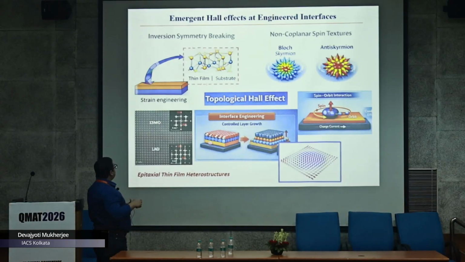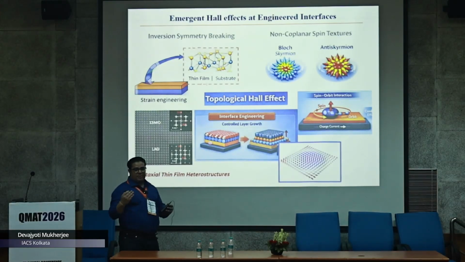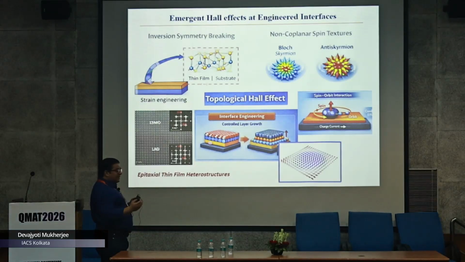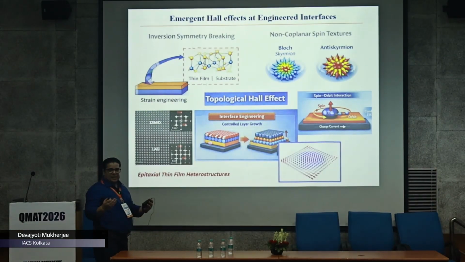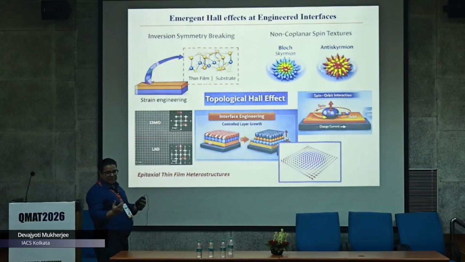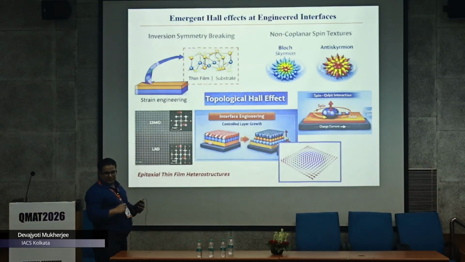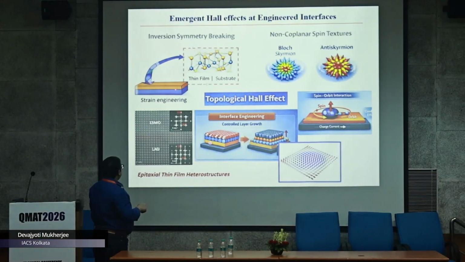And one way one can achieve, so this is one criteria that you need. Another criteria that you need is the inversion symmetry breaking of that material. So many materials are inherently symmetry broken, but one way we can break symmetry in typical centrosymmetric materials is by growing them in thin films. Because a thin film, if you look at this film, it has different phases on both sides.